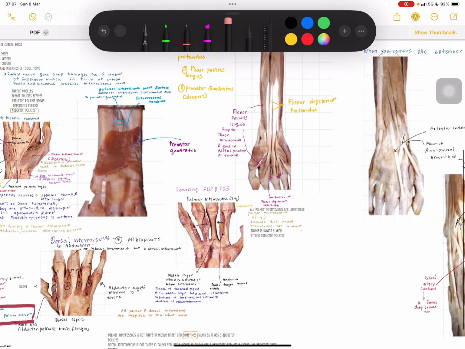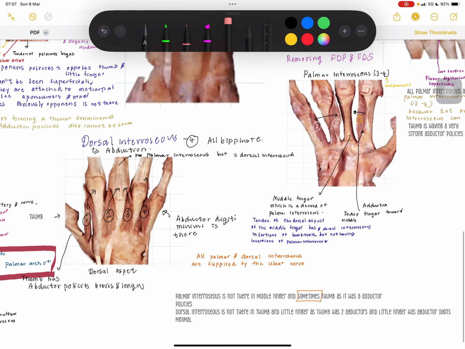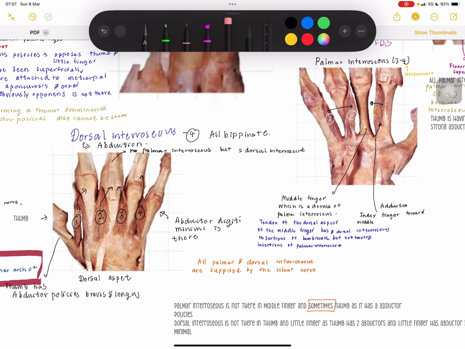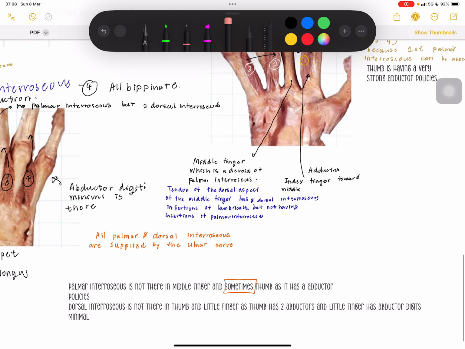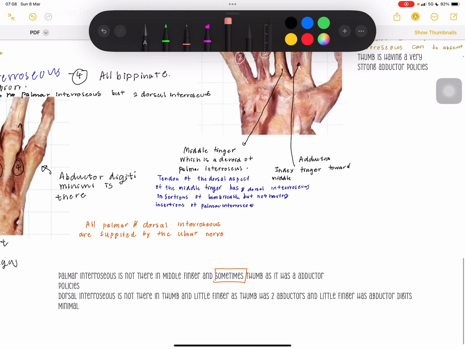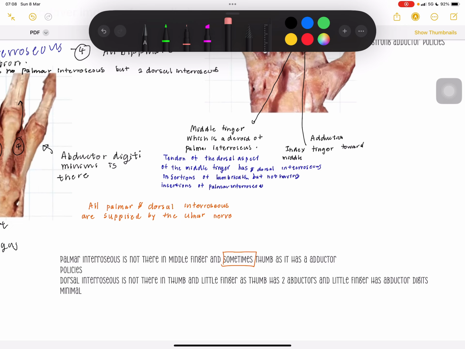So in that case, we should remember that dorsal interosseous is not there in the 5th finger. So it is the thing that is not affected by this injury. The palmar interosseous is not there in the middle finger, and sometimes the thumb, as it has an adductor pollicis.